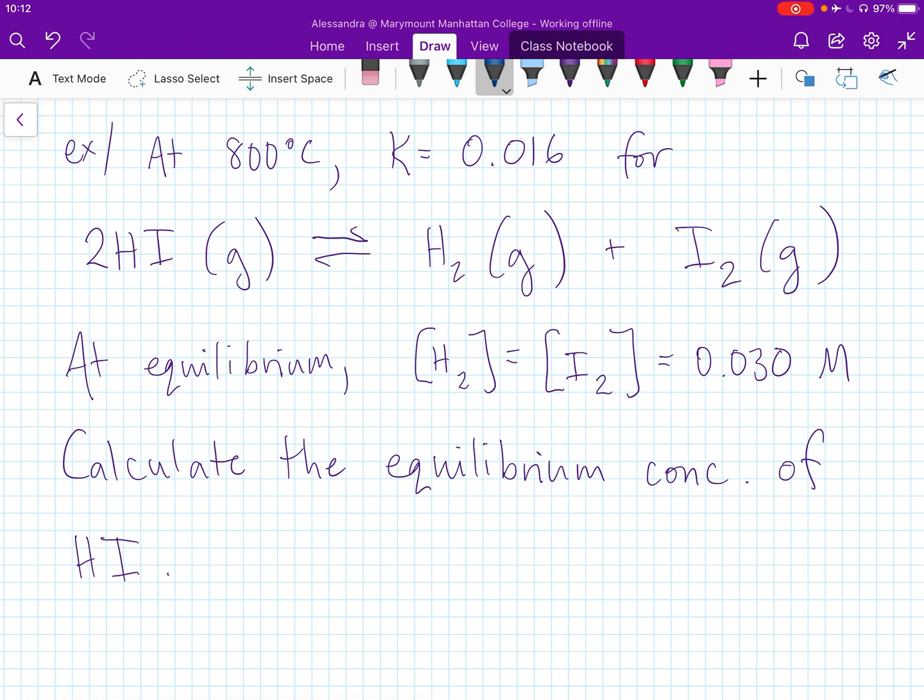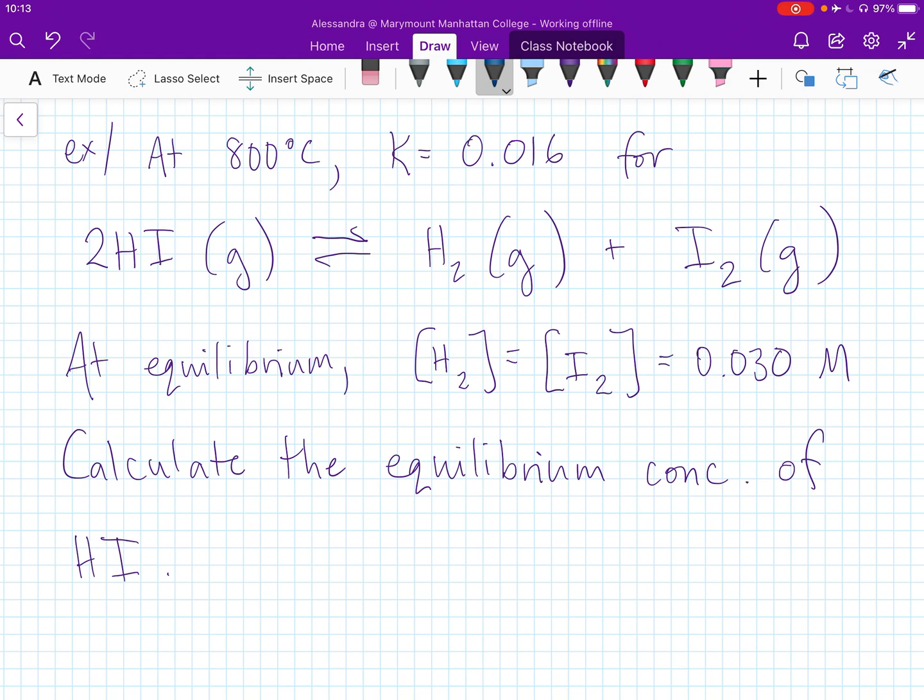At 800 degrees Celsius, the equilibrium constant K is 0.016 for the reaction where 2HI in the gas phase decomposes to H2 gas and I2 gas. At equilibrium, the concentration of hydrogen gas is equal to the concentration of iodine gas, and both are 0.030 molar.